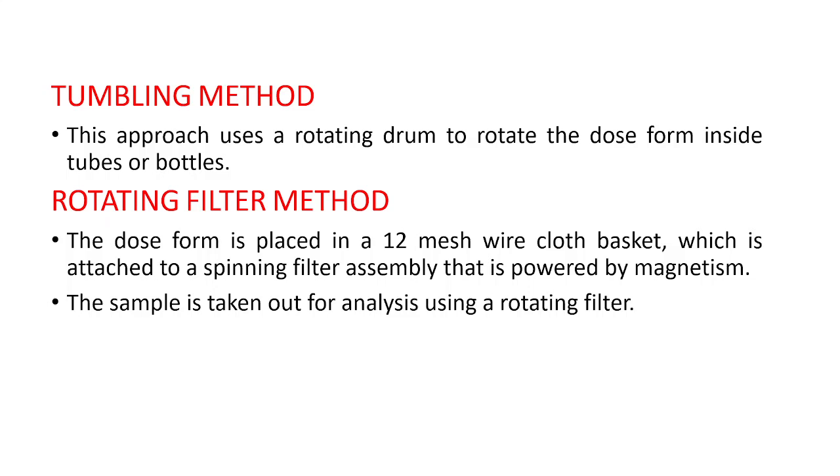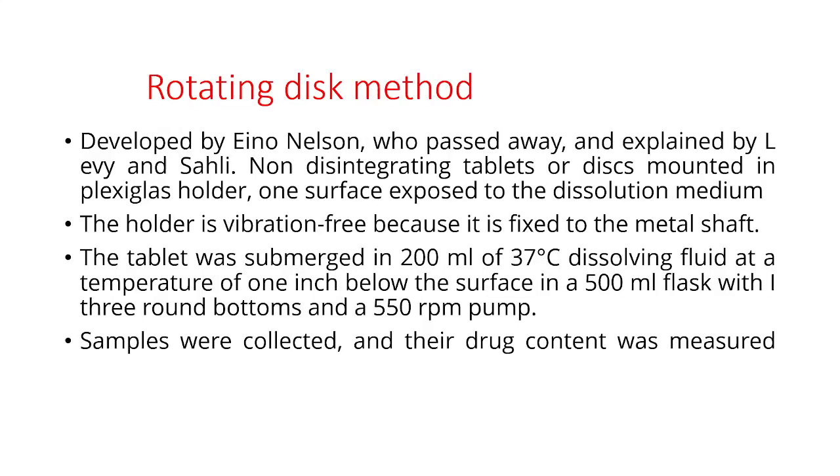In the rotating filter method, the dosage form is placed in a 12 mesh wire cloth basket attached to a spinning filter assembly that is powered by magnetism, and the sample is taken out for analysis using a rotating filter.